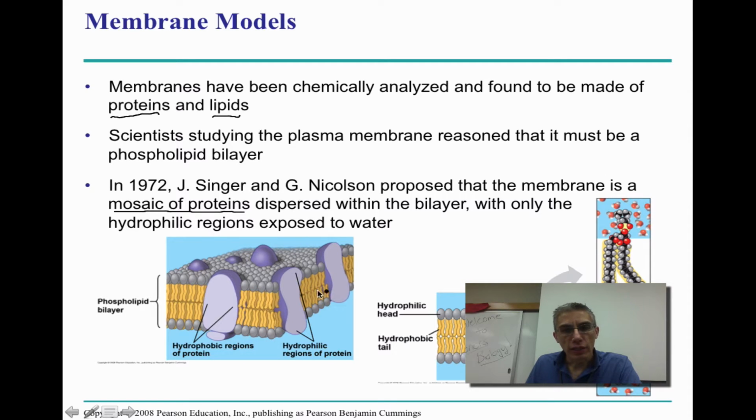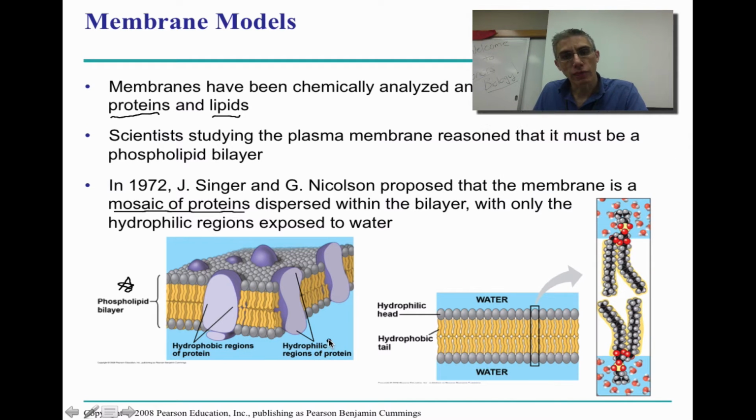And so again, if you look down here towards the bottom, you can see the phospholipid bilayer right here. And this is what you had seen back in Chapter 6. I think we had even talked about the different proteins that would be embedded within the layer. And if you notice, even these proteins are going to have hydrophobic regions and hydrophilic regions, very similar to what you would see within this phospholipid bilayer.